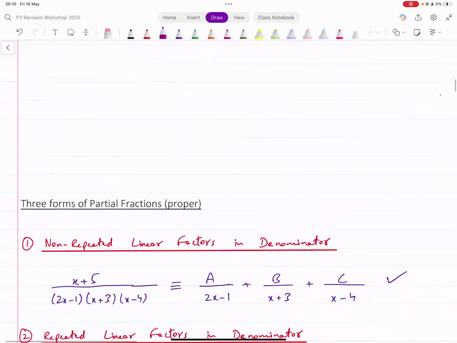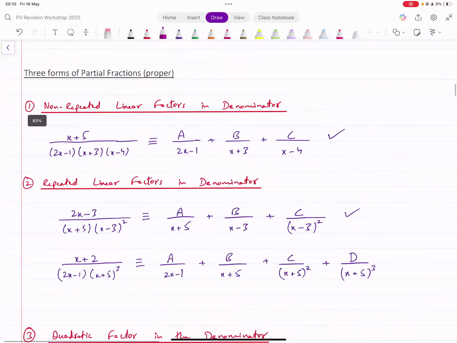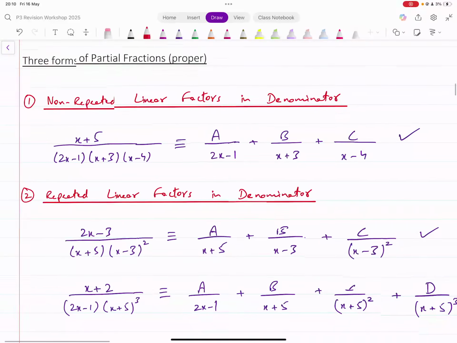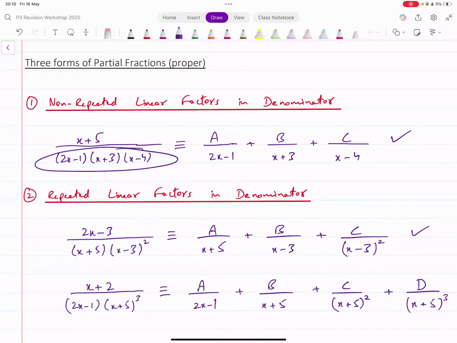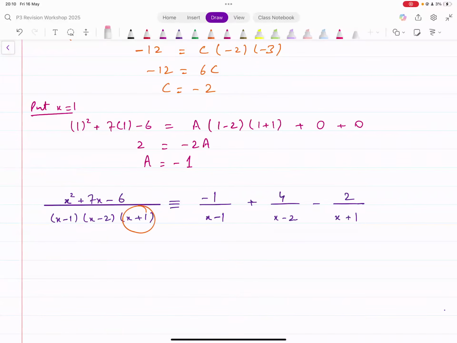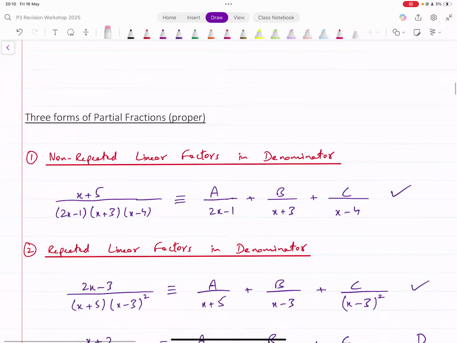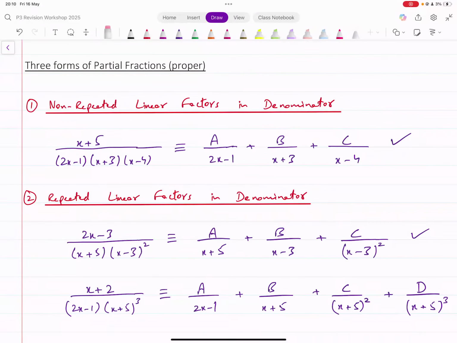Okay. The three different forms that you would have for partial fractions. The example that I showed you earlier, they were in which the denominators were all linear factors. Right? They were all linear factors, this, and this. When you have a fraction like this, in which the denominator is 2 or 3 different linear factors, or whatever number of different linear factors, the partial fractions form that we get for that is this.